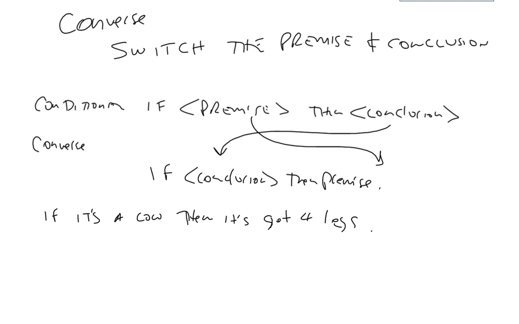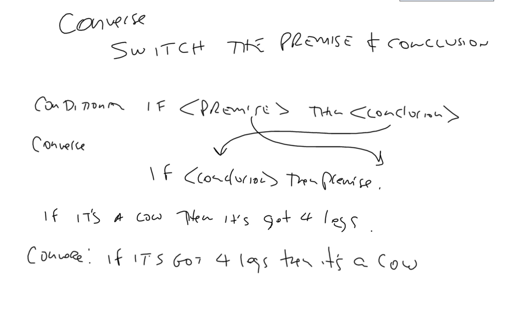The converse of this statement is if it's got 4 legs, then it's a cow. And we obviously know that that is not true because it could be a dog, a giraffe, or a cat. So the converse is false.